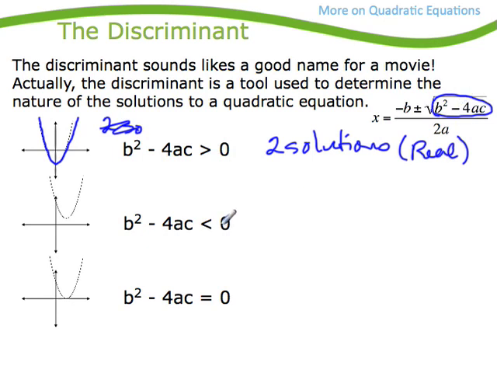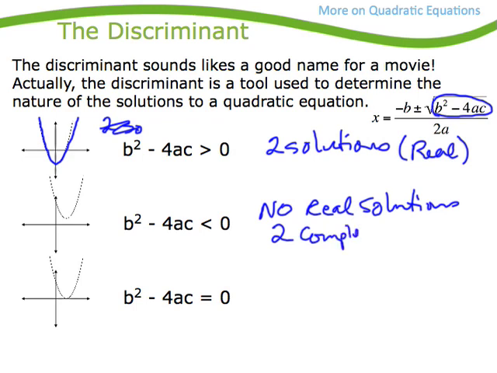But I can look at complex answers, so in this case I would have no real solutions, however I'd have two imaginary or complex solutions. Notice the graph of that one doesn't cross the x-axis, so any x-intercepts would be imaginary.